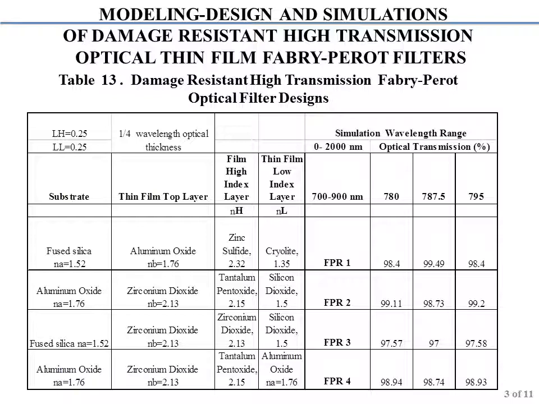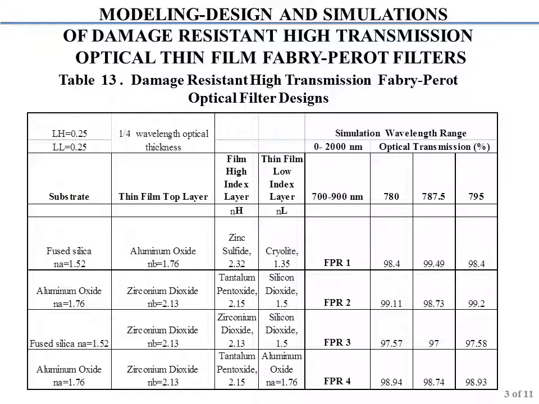Here we show the design of a damage-resistant high-transmission optical thin-film Fabry Perot filter, modeling and simulation results using MATLAB. And so we use a quarter wavelength optical thickness. The substrate is, for example, fused silica. Then we have a thin film top layer, aluminum oxide.